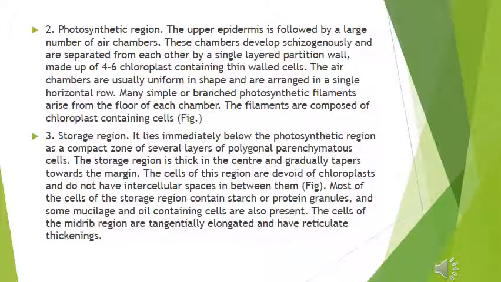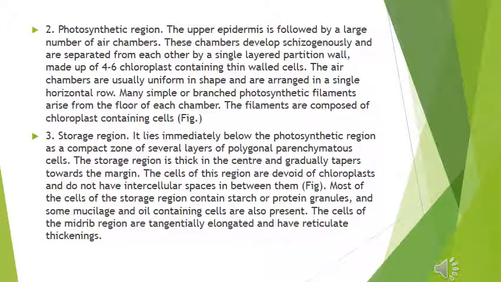It lies immediately below the photosynthetic region as a compact zone of several layers of polygonal parenchymatous cells. The storage region is thick in the center and gradually tapers towards the margin. The cells of this region are devoid of chloroplasts and do not have intercellular spaces between them.